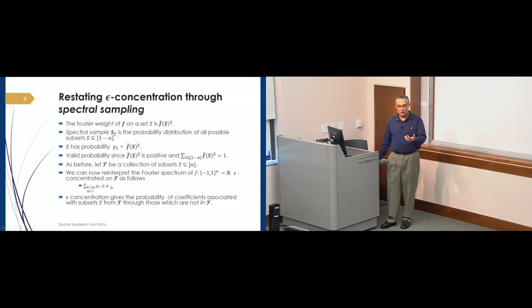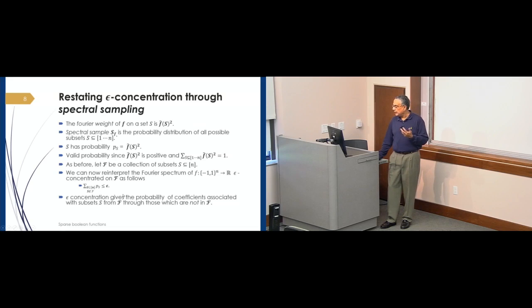So when you want to talk about script F, you sum those elements that are not in script F. And that's what it says here. But now you just sum over P sub S instead of f hat squared. So this is simply a nice way of thinking about it.